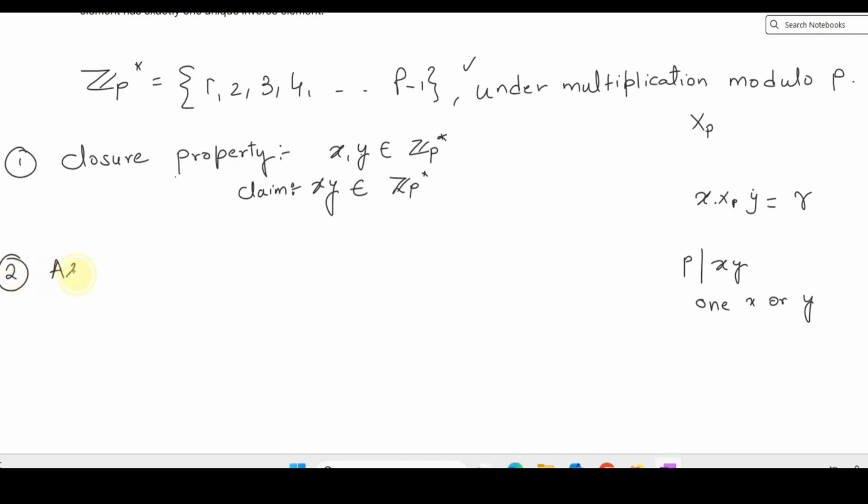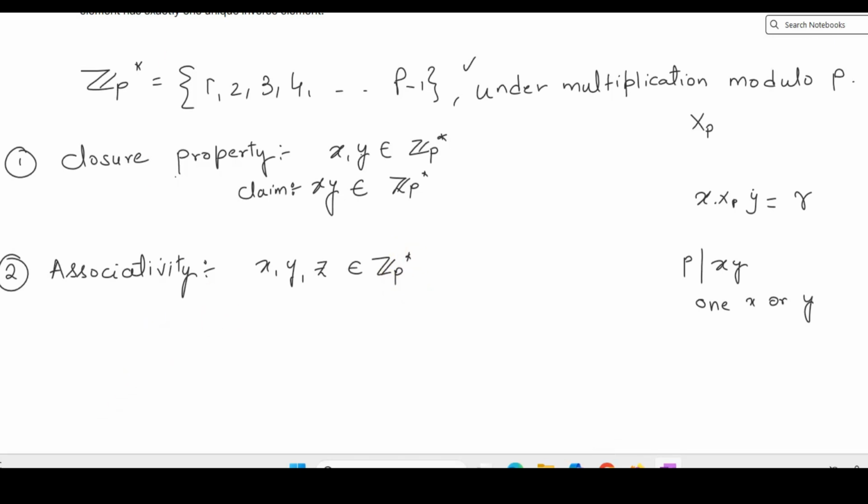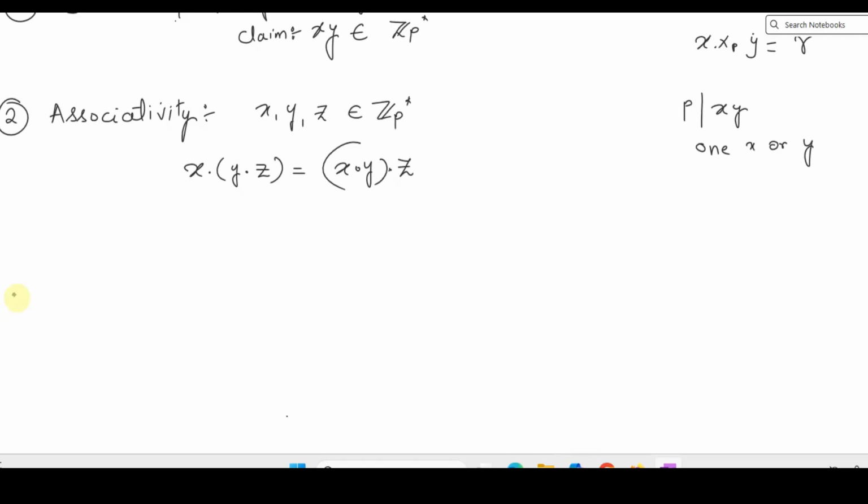Next is associativity. For that, we'll choose three elements x, y, z from the set Zp star. Clearly the grouping will not affect the operation. So it will always follow this for every x, y, z from the set Zp star. Now identity.